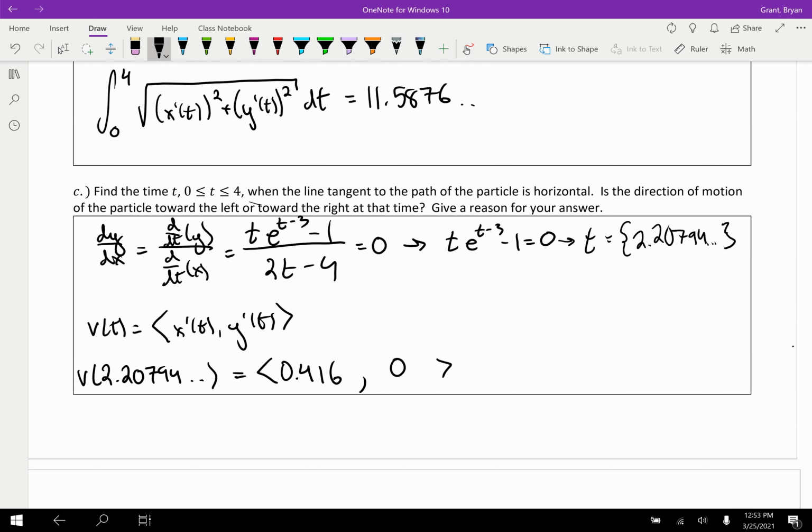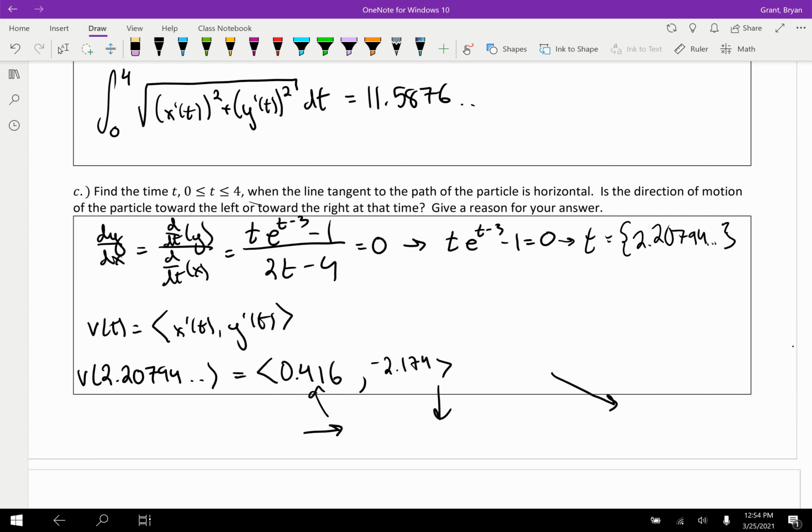When our tangent line is horizontal, the particle is moving which direction? This is just like last class. Because the derivative is positive, just this number, that's all we need to look at, that means we are moving to the right. This is 0, which means we're not moving up or down. If you had gotten, let's say, a negative answer here, I'm just making it up, that would mean we're moving down. What happens if you move to the right and you move down? Then you're moving diagonally down overall.